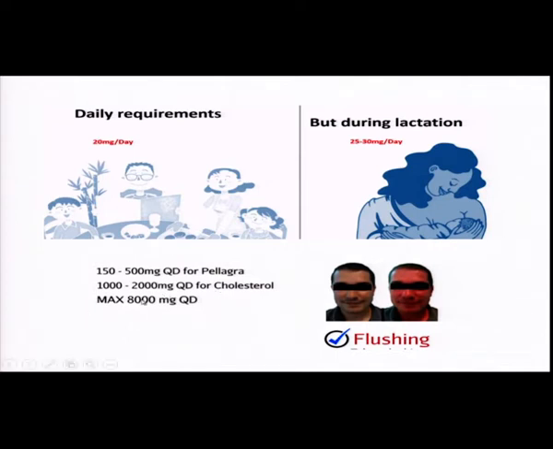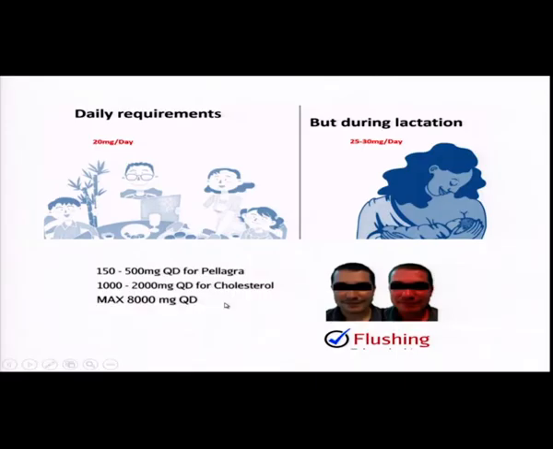And the safe limit for niacin, although it is a water soluble vitamin, unlike fat soluble vitamins, which have to be very carefully regulated because they can get deposited in the liver and give rise to lots of complications associated with hypervitaminosis, but that is not the case for many of the water soluble vitamins.